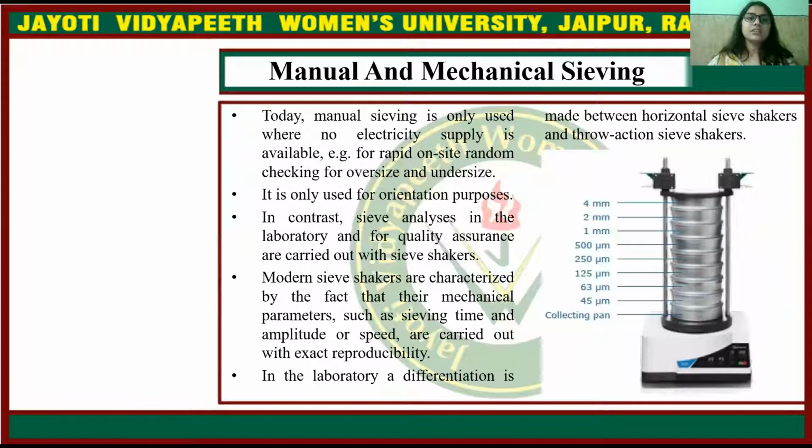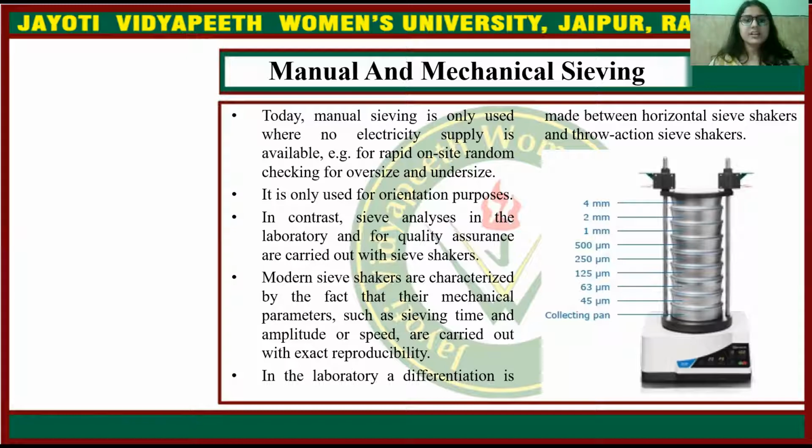Today, manual sieving is only used where no electricity supply is available, for example, for rapid on-site random checking for oversize and undersize. It is only used for orientation purposes. In contrast, sieve analysis in the laboratory and for quality assurance is carried out with sieve shakers.